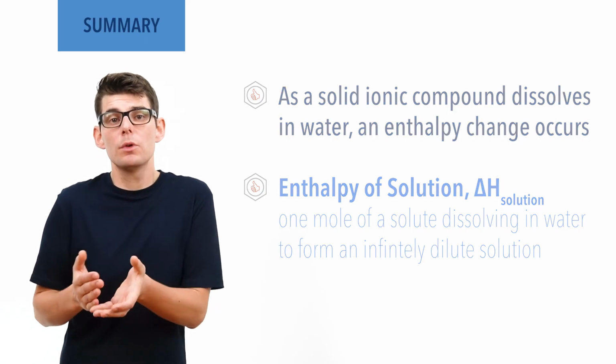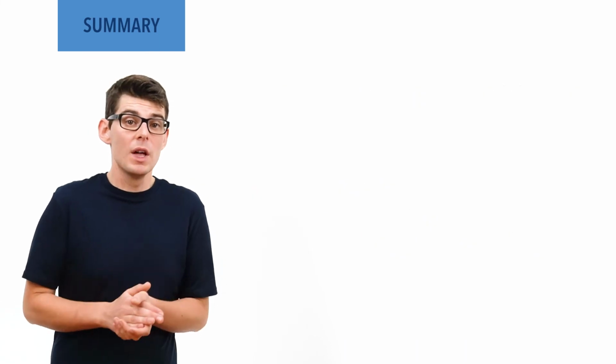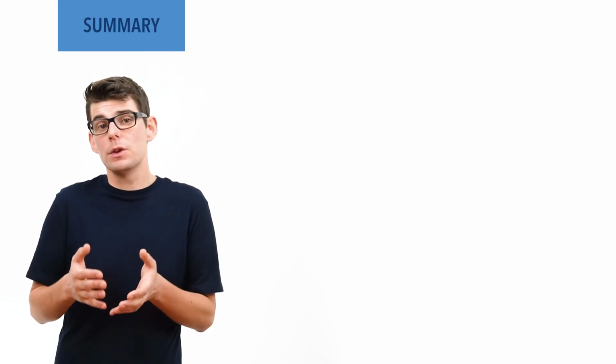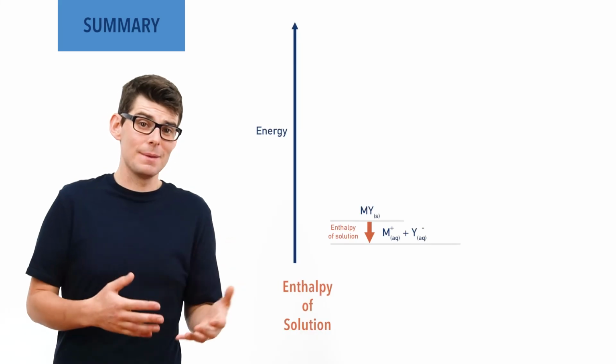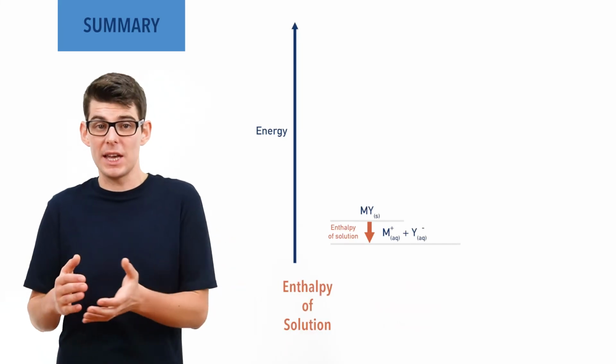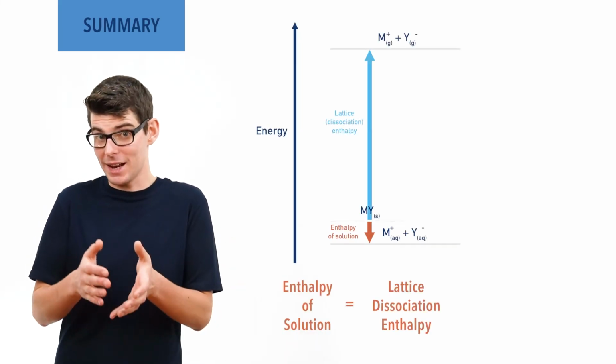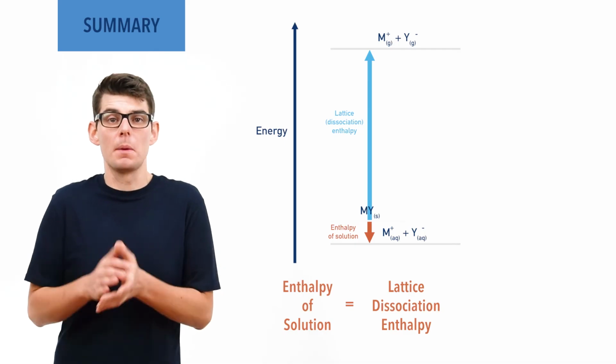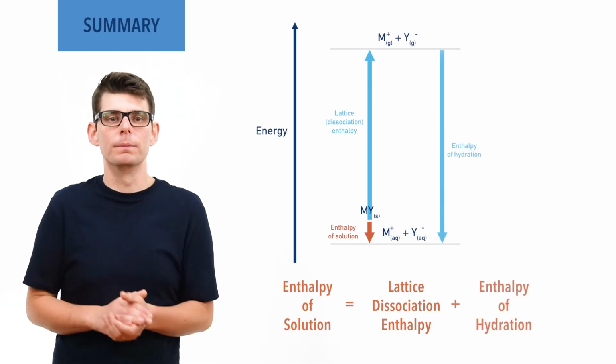By constructing a Born-Haber cycle and using Hess's law, it can be found that the enthalpy of solution for a compound will be the same as the lattice enthalpy of dissociation, or minus lattice enthalpy of formation, plus enthalpy of hydration.